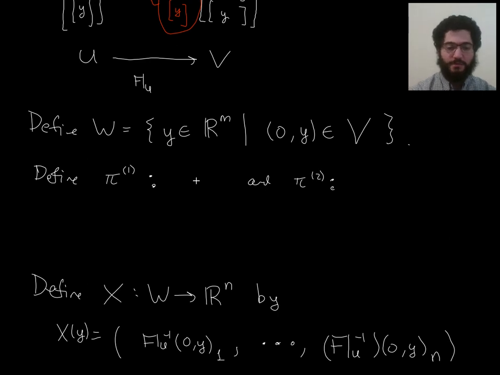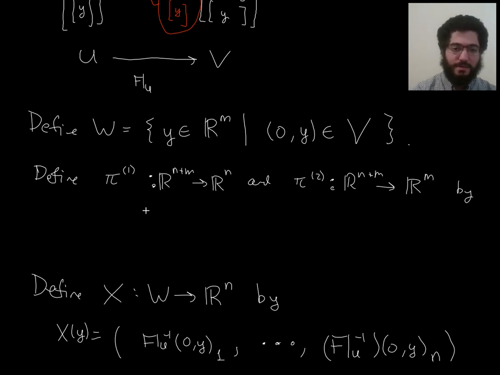They are going to be the following kind of map. Both of them are from n plus m. But the first one selects the first n components, and the second one selects the last m components. If I use that notation that I've been using, where I write down an n plus m tuple as a pair, then it's really easy to say what they are.